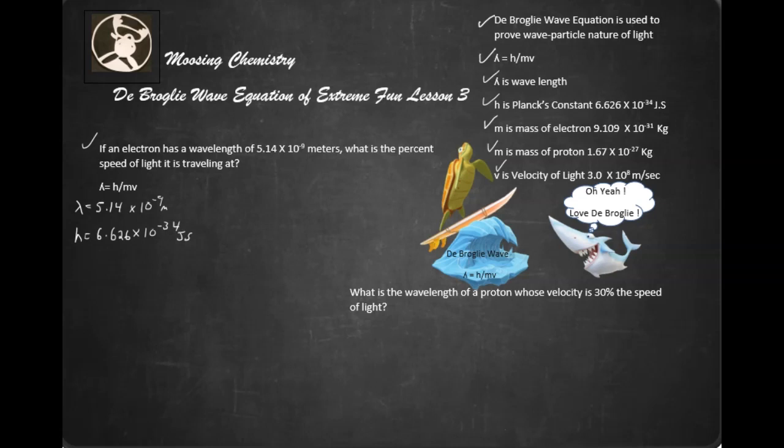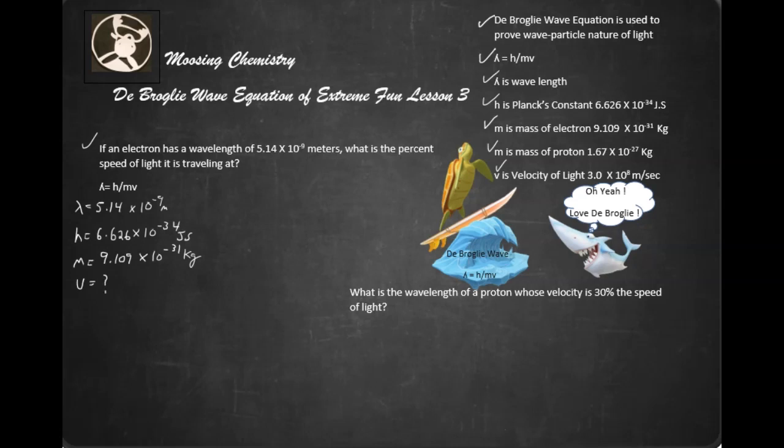We know the mass of the electron. The mass of the electron is 9.109 times 10 to the negative 31 kilograms. And we're looking for velocity, which we don't know.